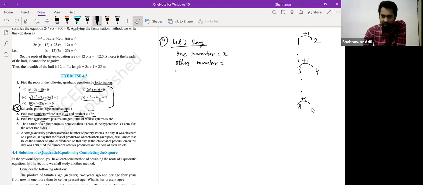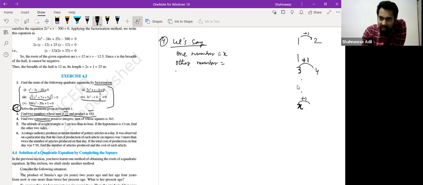So what would be the other number? If one number is x, what would be the next number? Let's say one number is 3, so the other number would be 3 plus 1, right?